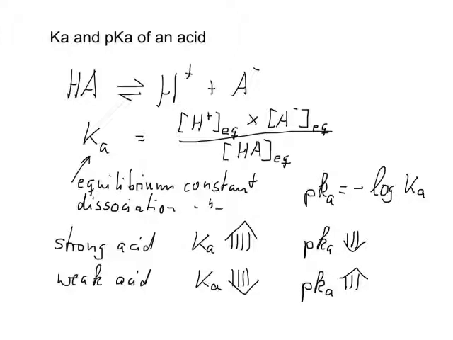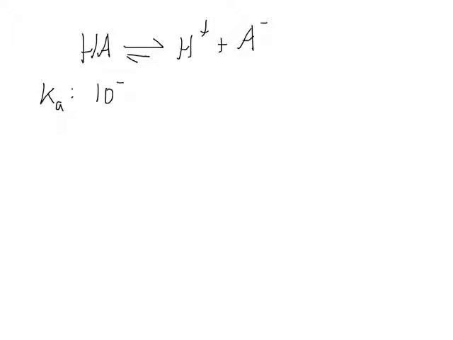Now let me give you an example for that. Let's say we have an acid again, and I write that HA gives H plus A minus, and we have a Ka of, say, 10 to the minus 5, and usually this would be molar.